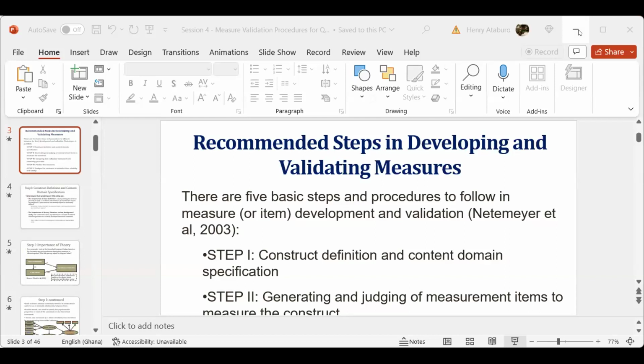So it becomes important to validate or to convince whoever is your audience that the instrument you are using is precise. It is valid and it's reliable in measuring what you intended to measure.